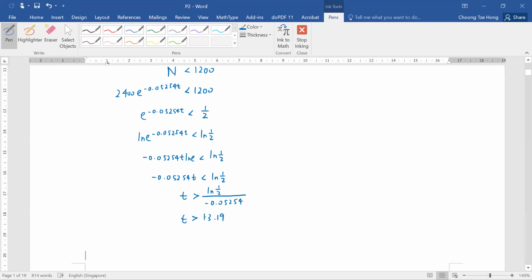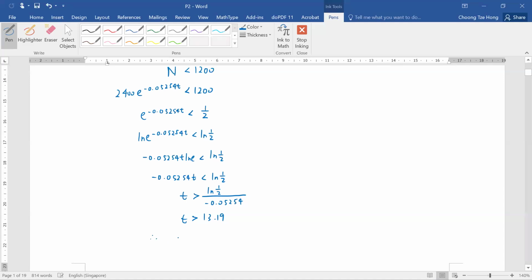So in other words, it's going to be sometime in 2023. It's not going to be in 2024, because to be in 2024, t needs to be 14. But now you are saying that as long as t is greater than 13.19, the population will be less than 1002. So it has to be sometime in 2023, 2010 plus 13.